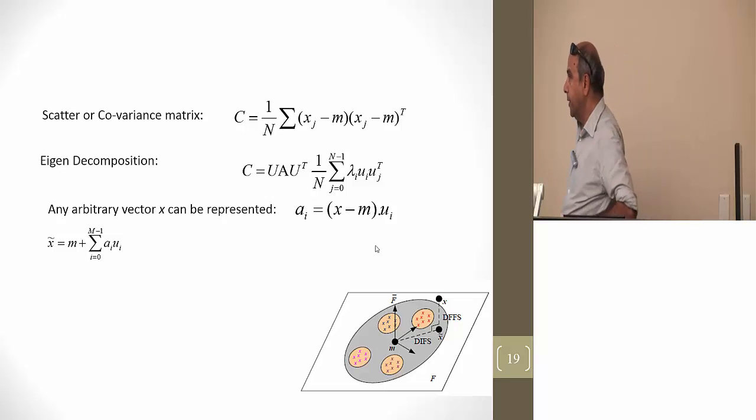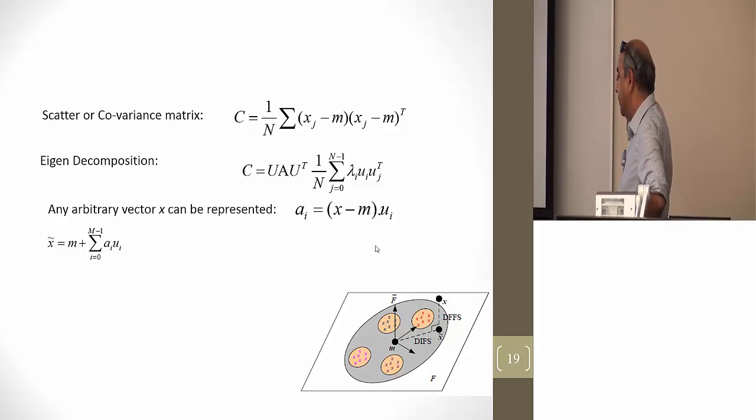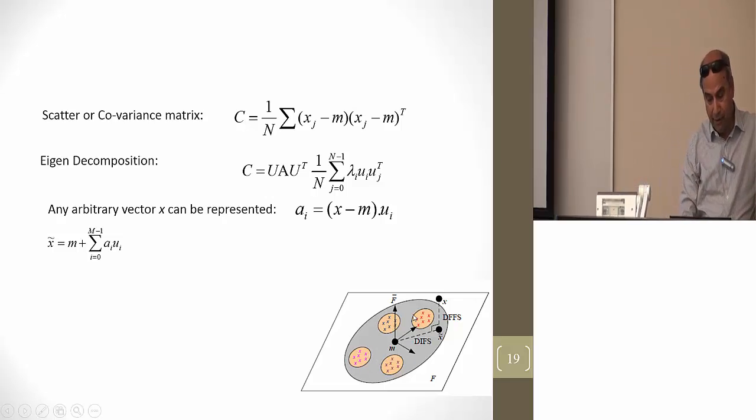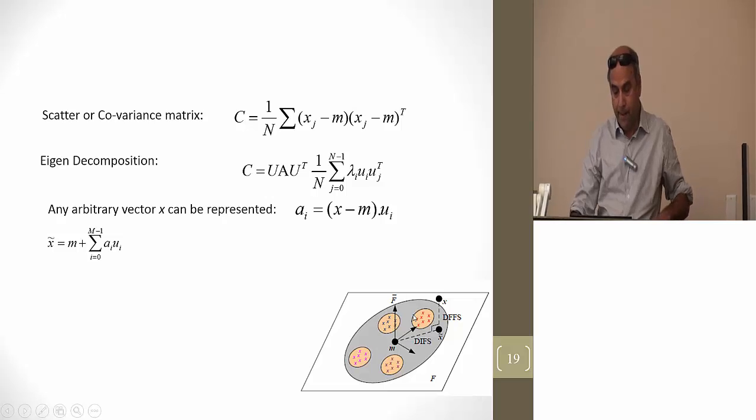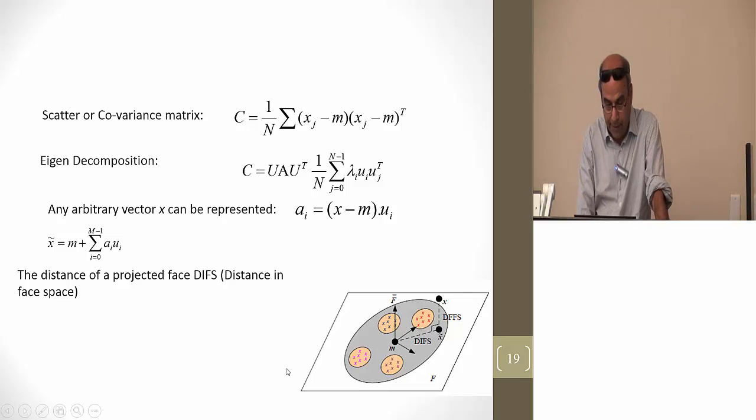So if you look at this in a little more detail, we have, say, different people which are shown in the circles, and this is a face space, and we are simplifying this as a 2D space. And so this is the mean vector for all these faces. And so we want to find the distance in the face space.